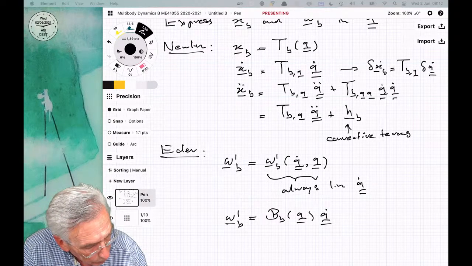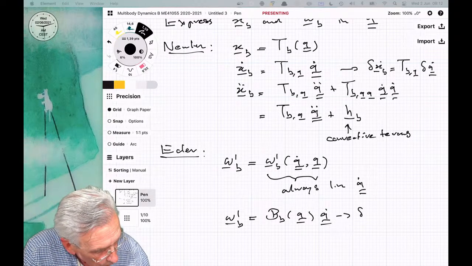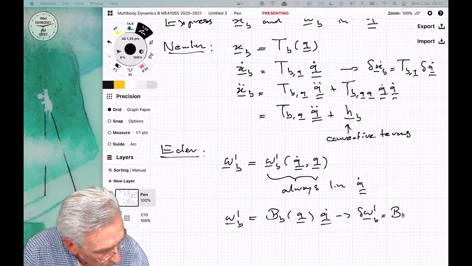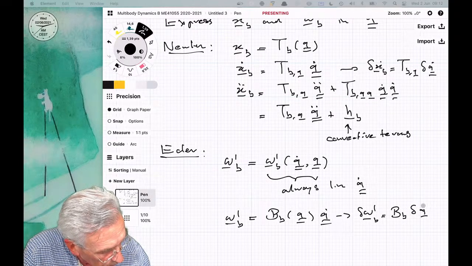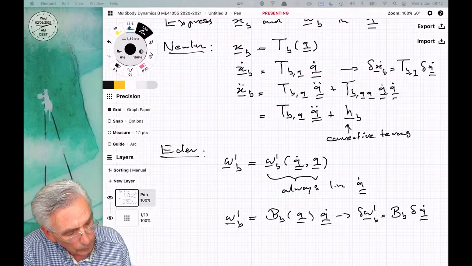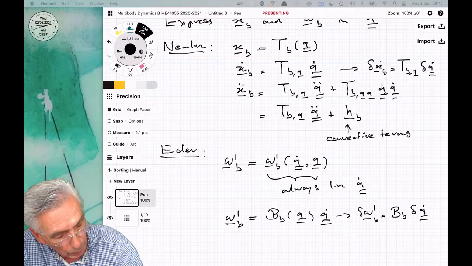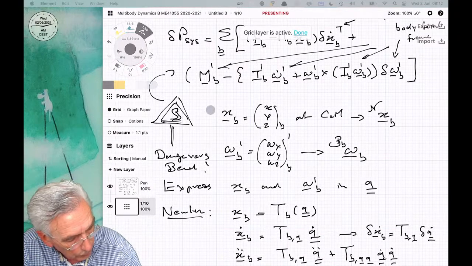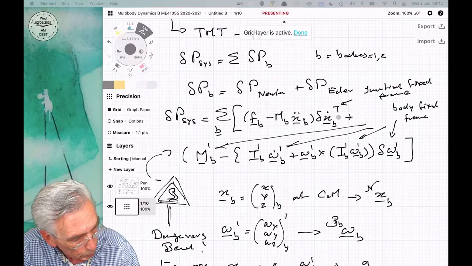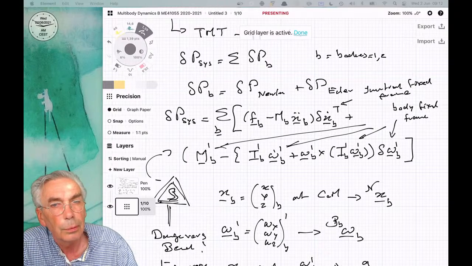And likewise, virtual angular velocities is again this same matrix BB, and I now drop the q dot. Why do I write that? Because in the expression we need, of course, the virtual velocities and the virtual angular velocities.